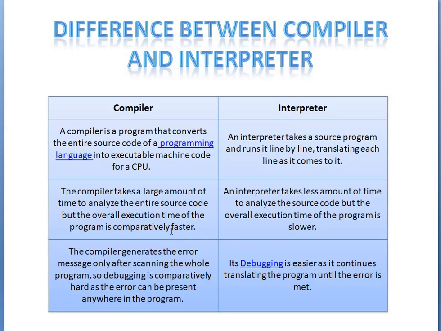So overall time of execution for compiler is faster and interpreter is slower.